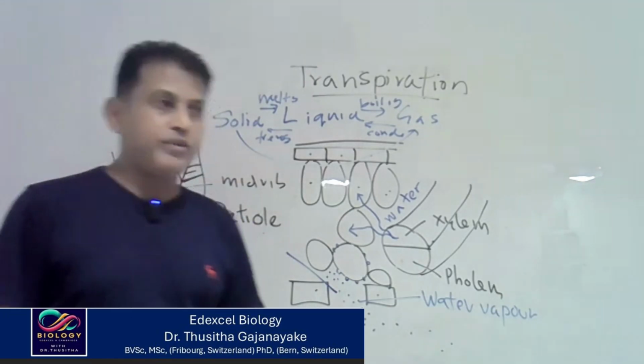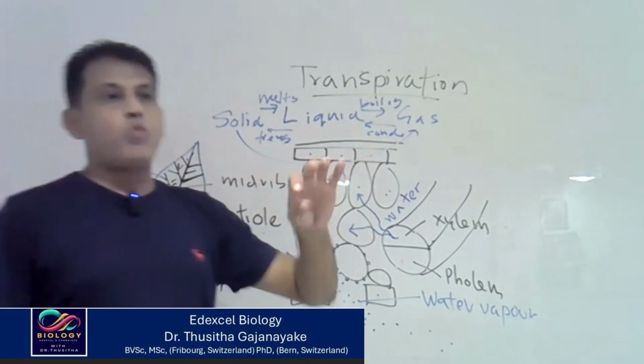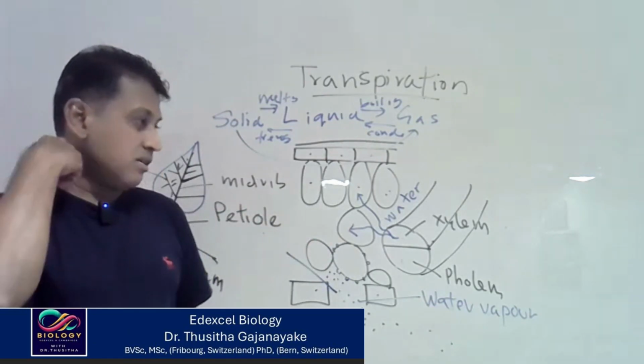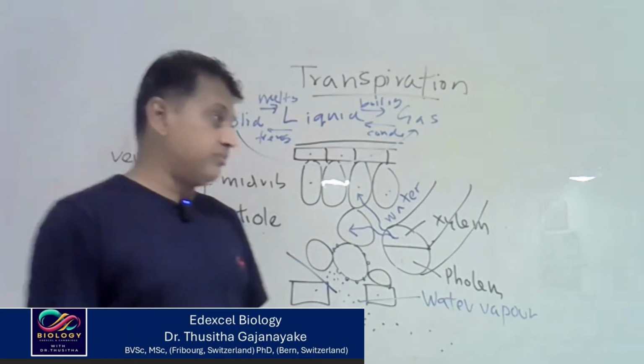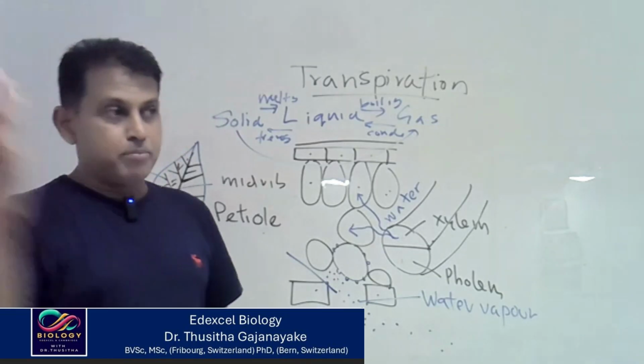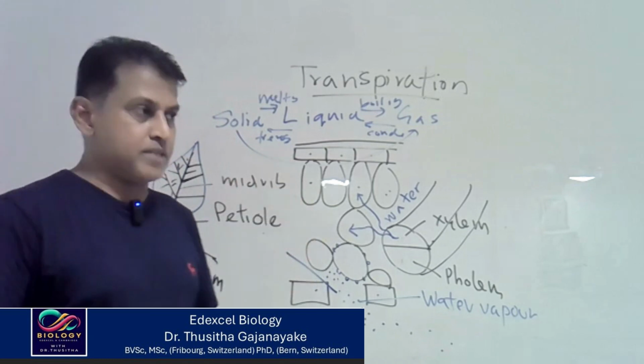So if you want to see the structure of the xylem and phloem, what you can do is take a big leaf, let's say mango, or even any leaf, and place it in a book, inside the book, within the pages.